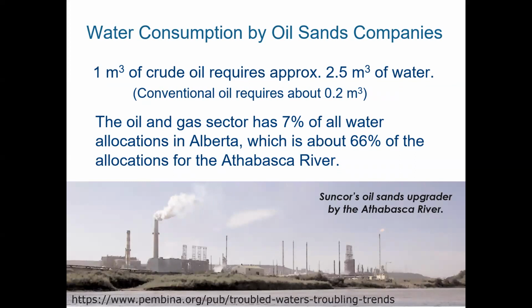That's actually a lot more water intensive than conventional oil. The bitumen, the whole process takes a lot of water. If you look at the water allocations across Alberta, apparently that's about 7%, and about 66% of those allocations are in the Athabasca River. So that really means Fort McMurray.